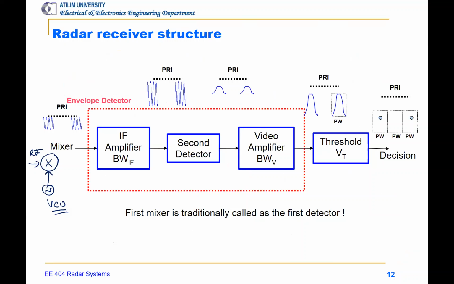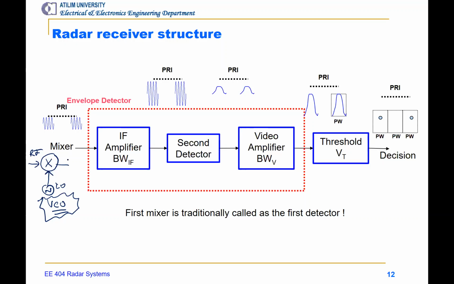So this is a very critical component especially in FMCW radar systems. Here we use a local oscillator only, not a VCO, because we usually need a single frequency signal here.